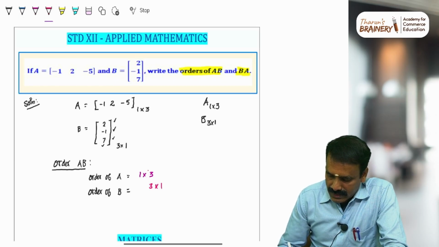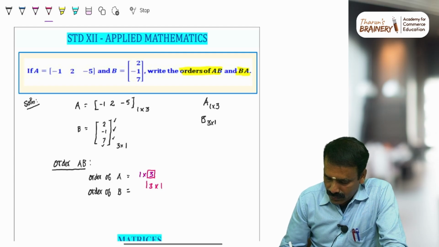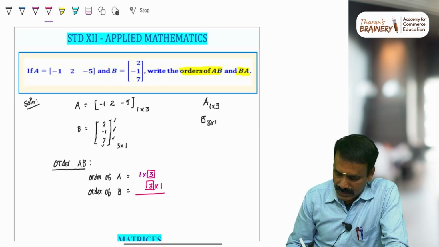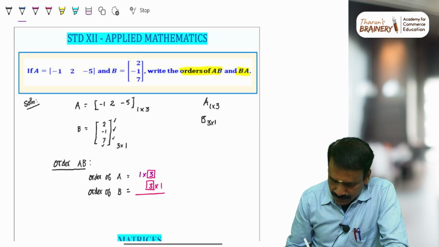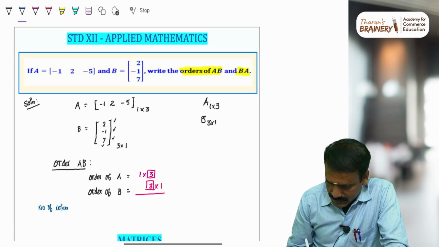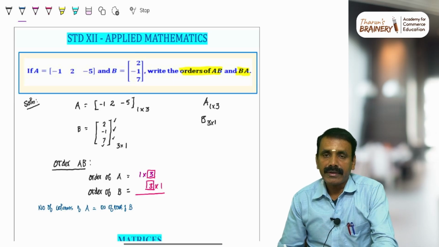The number of columns in the first matrix should be equal to the number of rows in the second matrix. Are they equal? Yes, of course. So the number of columns of matrix A should be equal to the number of rows of B. The condition is satisfied.